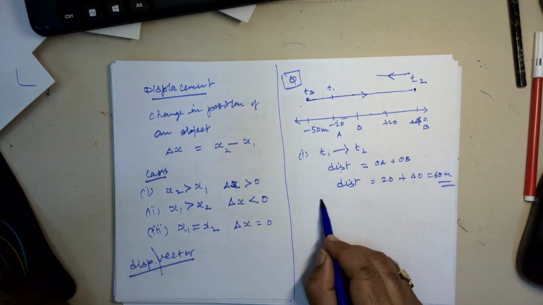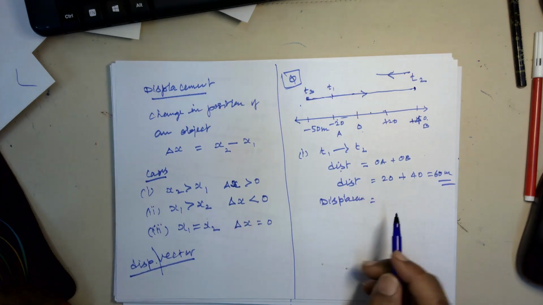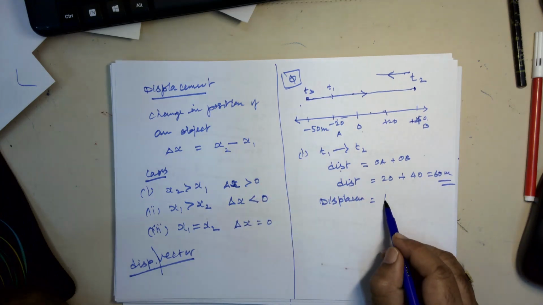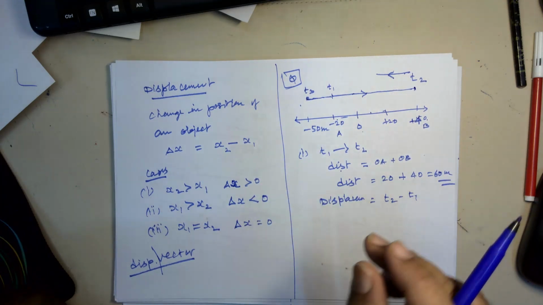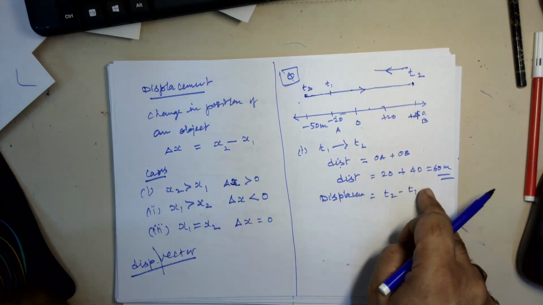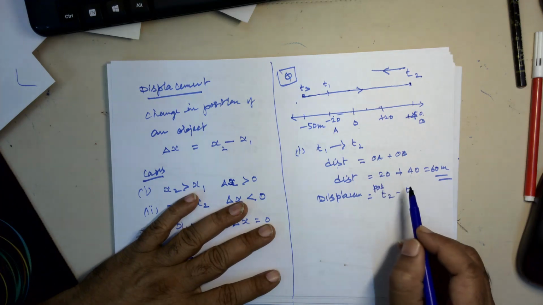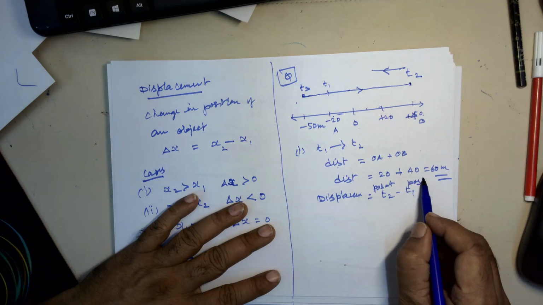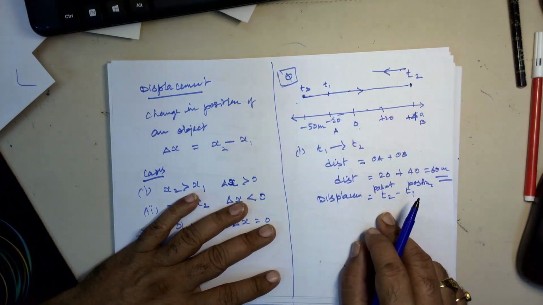But when you consider the displacement, remember displacement. So here it is T2 minus T1, is it not? That is the displacement: the position at T2 minus the position at T1. So what is the position at T2?